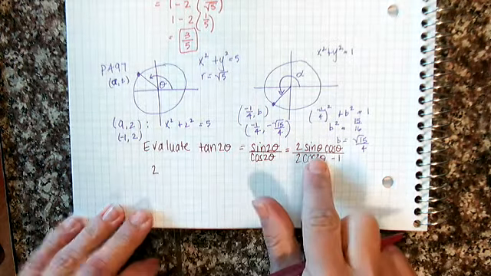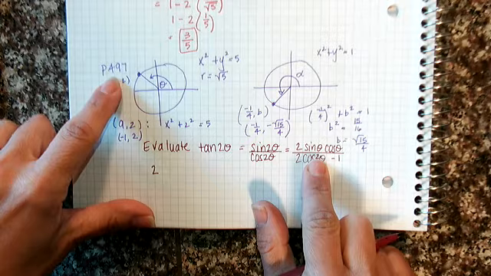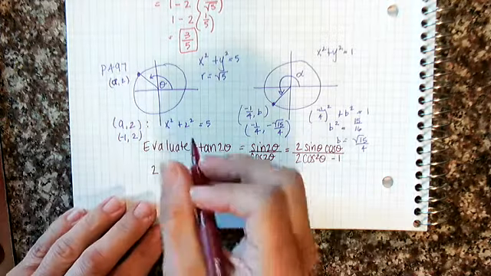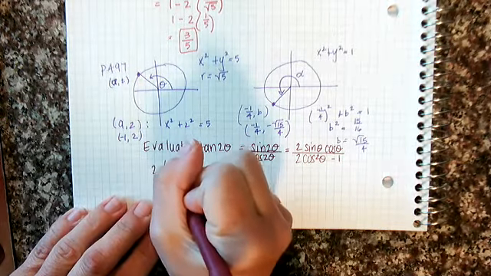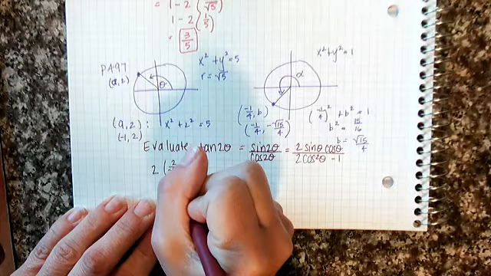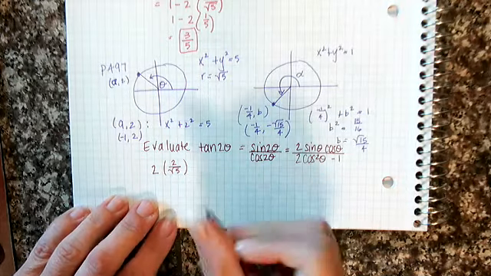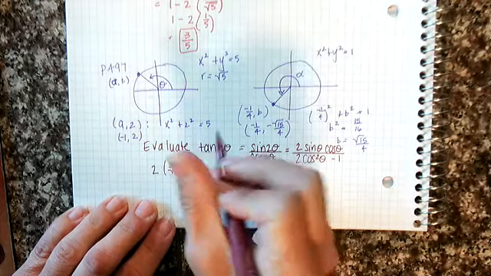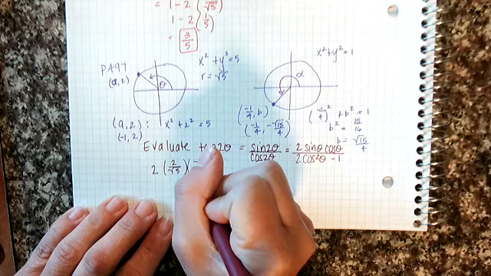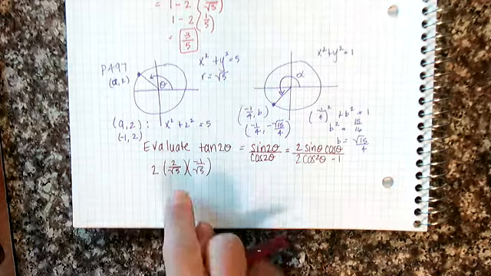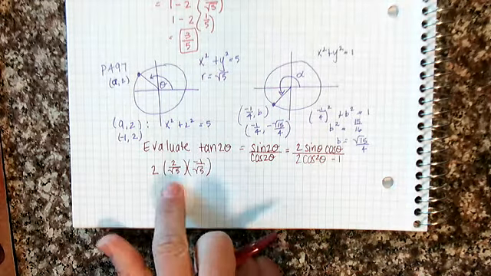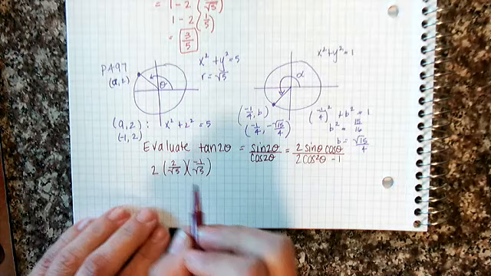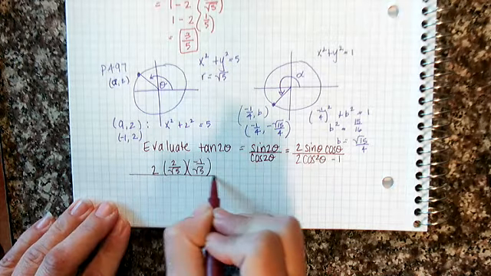The sine of this angle is going to be 2 over root 5. The cosine of this angle is going to be -1 over root 5. And I'll be honest, if you get the sine and the cosine mixed up, you're actually okay, because when you multiply, order doesn't matter.